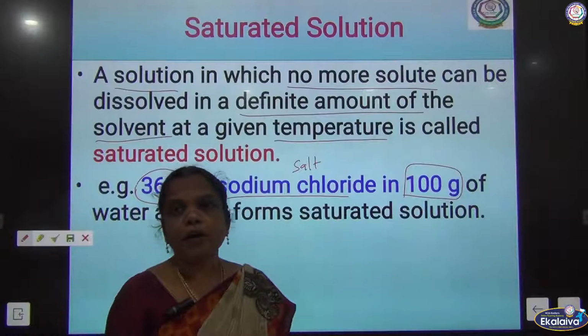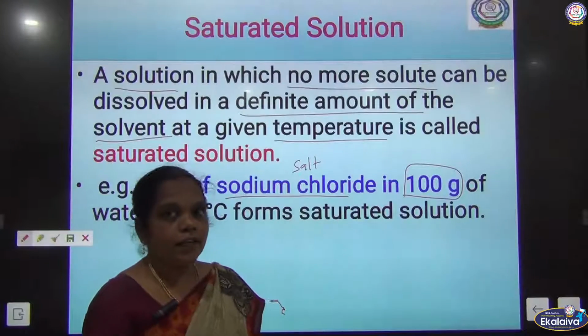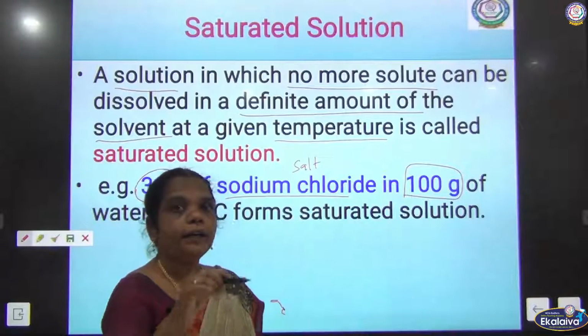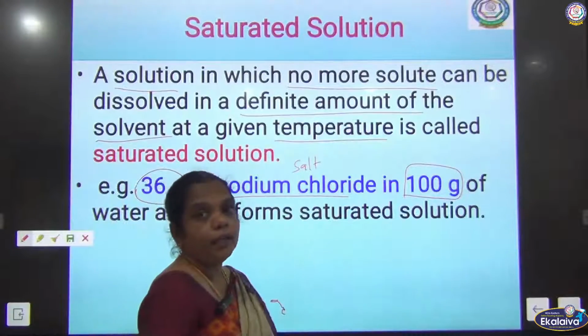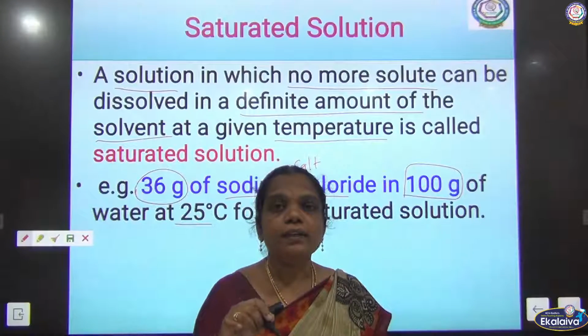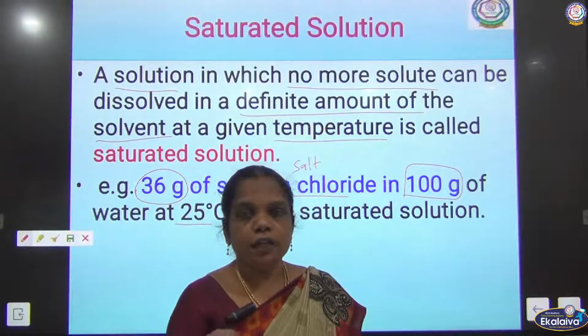Normal temperature is what? 25 degree Celsius. So we cannot add any more solute particle in the 100 gram of water. If you add more solute, it is found as undissolved in the solution.